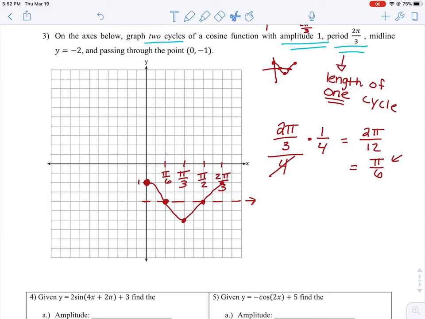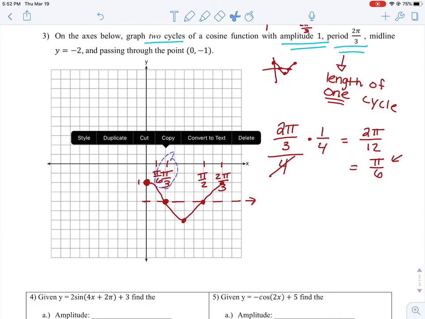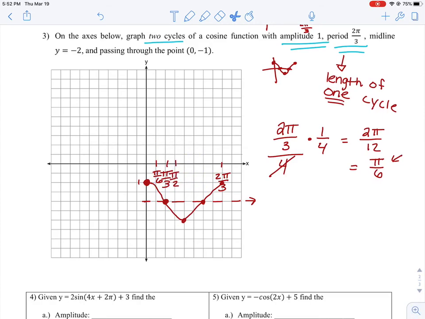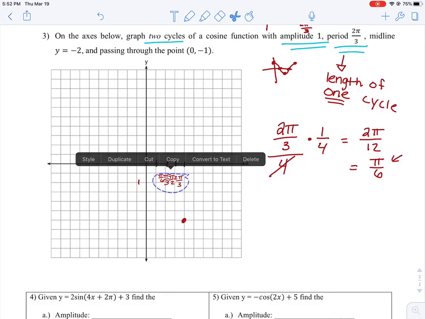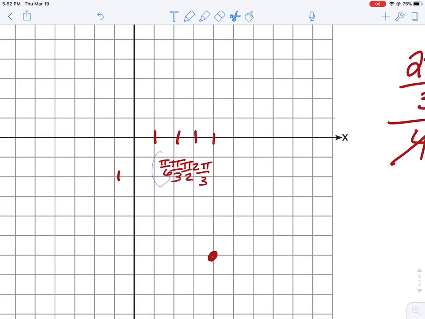So I'm going to take these, instead of counting by 2 boxes, let's say I counted by 1 box. These are very squished. So if you did count 2 cycles, I'm just going to make these all smaller so we can actually see it.